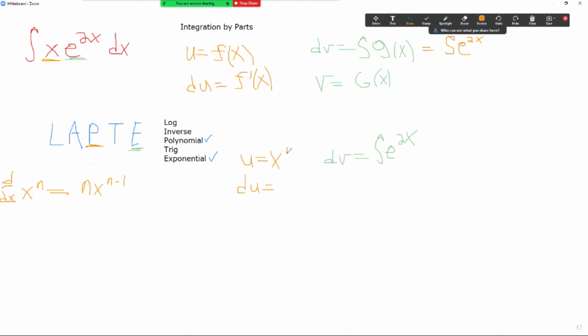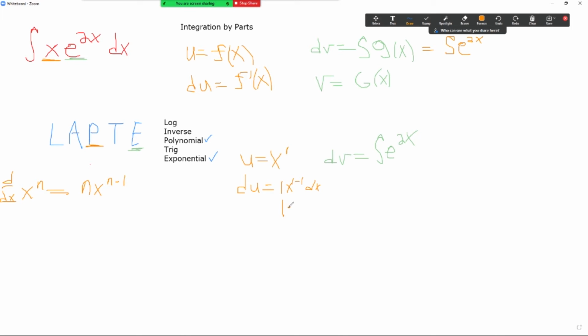So essentially there's an imaginary 1 here. So that's 1 times x raised to the 1 minus 1, and we've got a dx here. Just kind of showing what's happening, just to give a little refresher just in case.